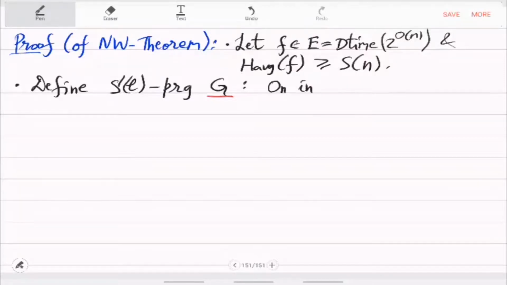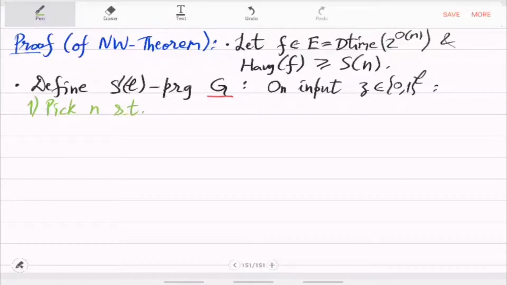So on input z in 0 1 to the L, what you do is pick n such that, I would say, something like square root L. To have a design you need L and D of a certain type.